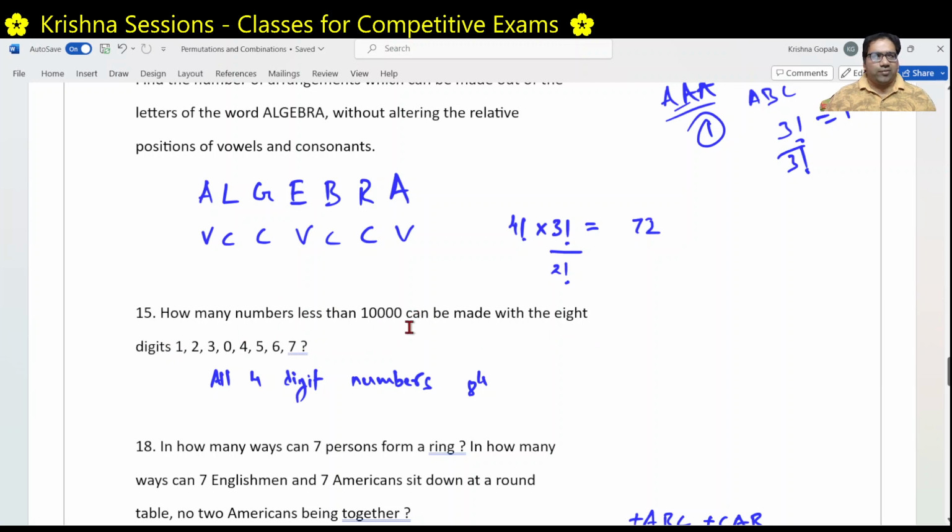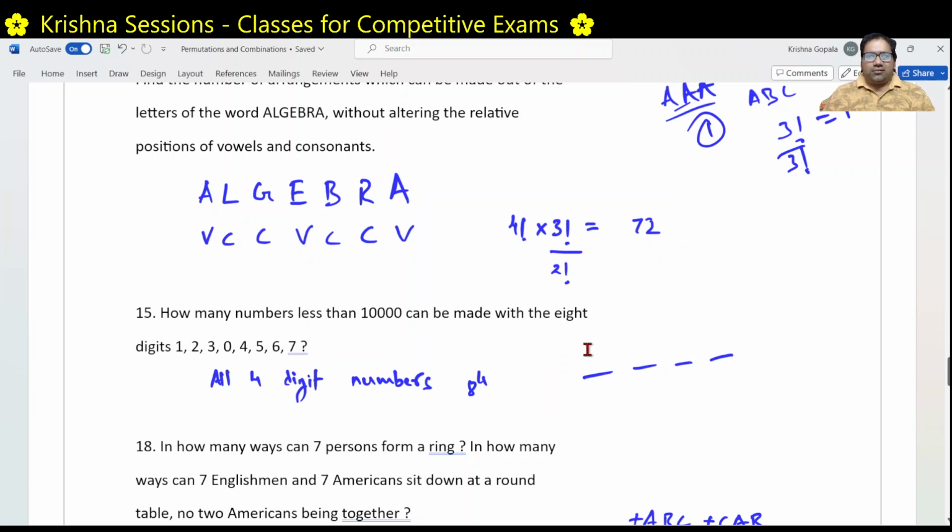When we talk about 4-digit numbers, obviously repetition is possible, right? So basically we have 4 slots, and for each slot we have 8 numbers: 1, 2, 3, 0, 4, 5, 6, 7. You can ask why 0 is also counted. If all 4 are zeros, then it will become 0, and 0 is also a number.